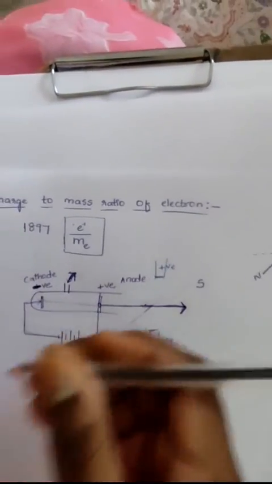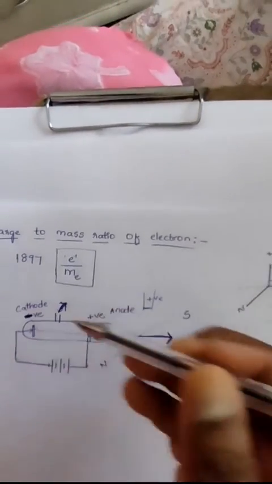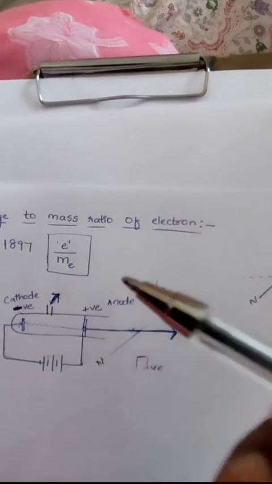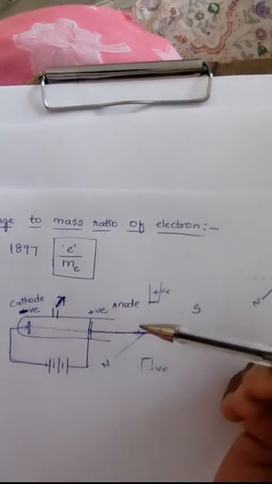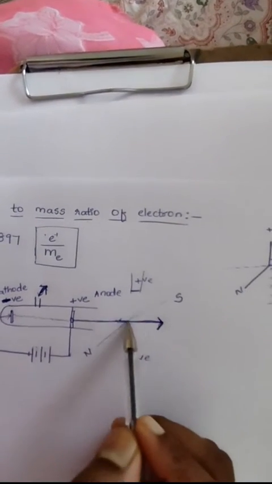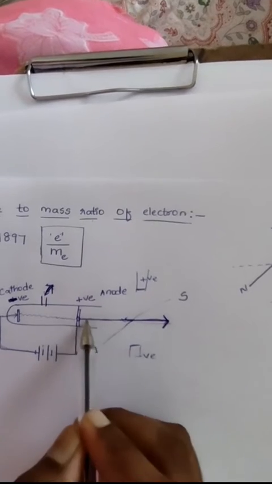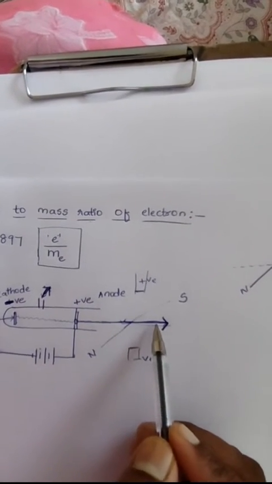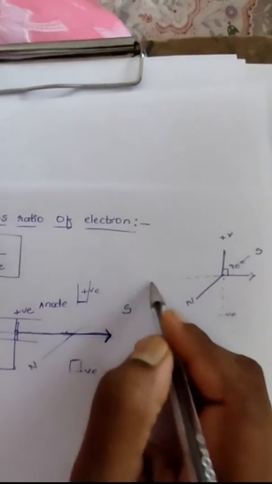So like in electromagnetic radiation, when the electric field and magnetic field are applied perpendicular to the path of the cathode rays, he observed this.